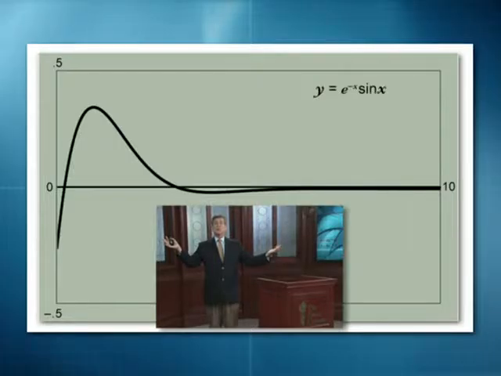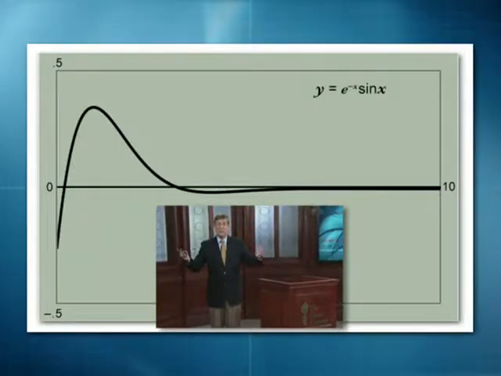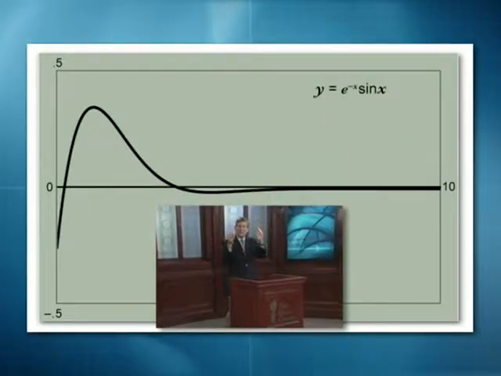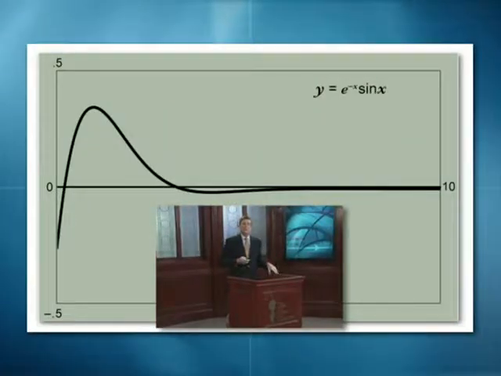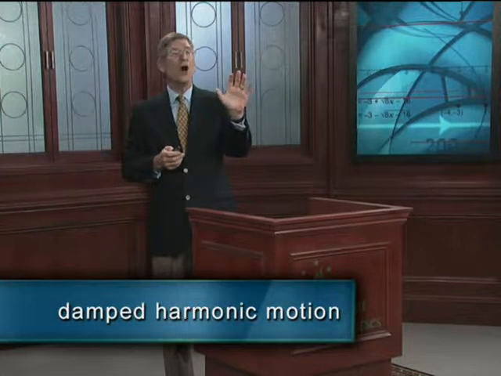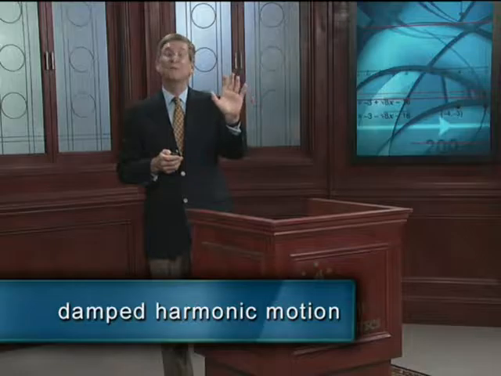That's an enormously small number, a tiny number, 1 over e to the 1,000. And that's why the product shrinks down towards 0. All right, so this is an example of what we call damped harmonic motion. There's friction involved.